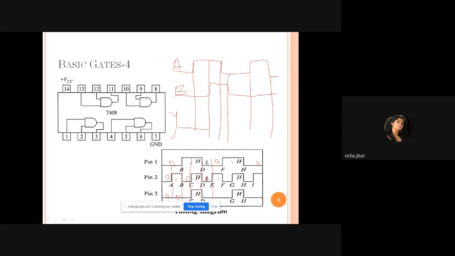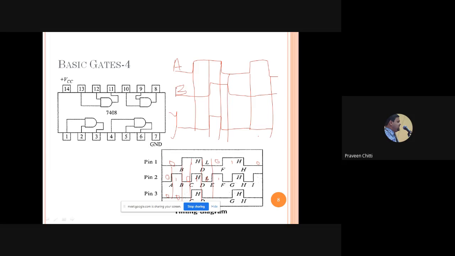So what should be the output Y? 1. Now here, for this portion, A is 0, B is 1. So what should be the output? 0. Now here both are 0, so output should be 0. Here this is 1, this is 0, output 0. Like this, you have to draw the timing diagram.